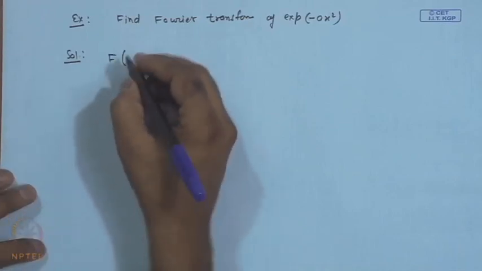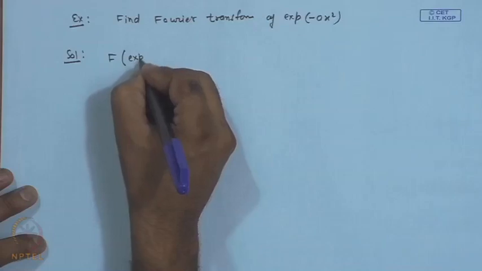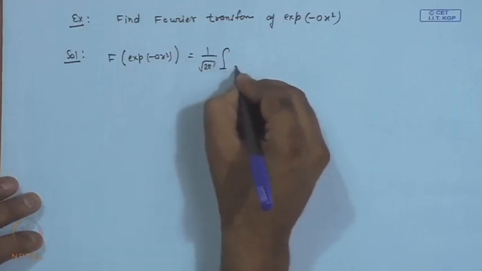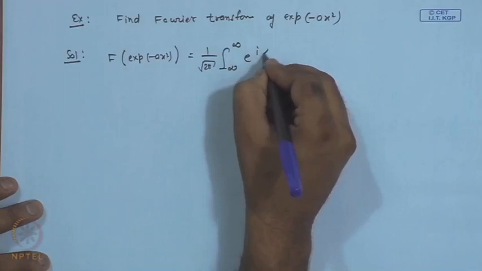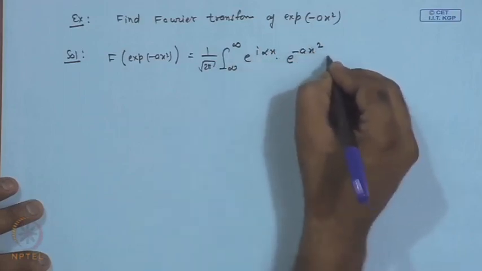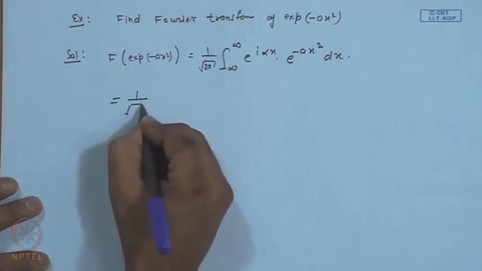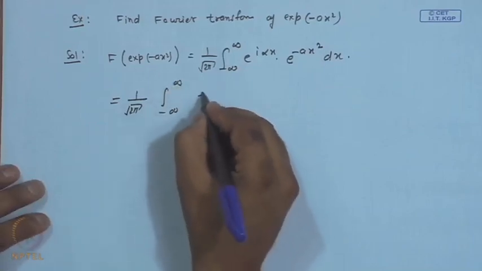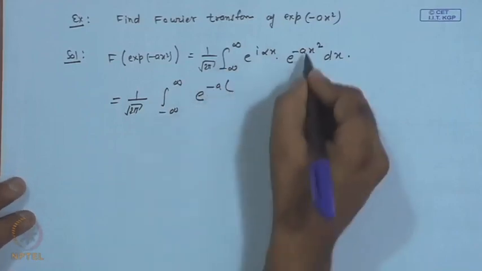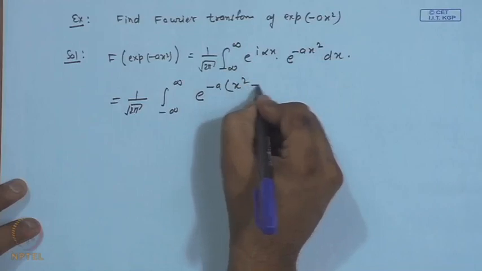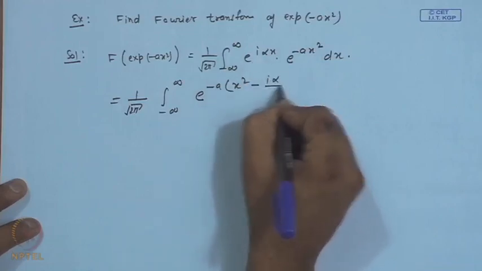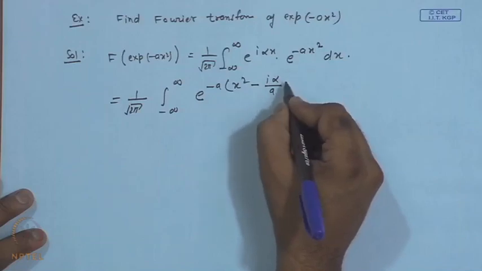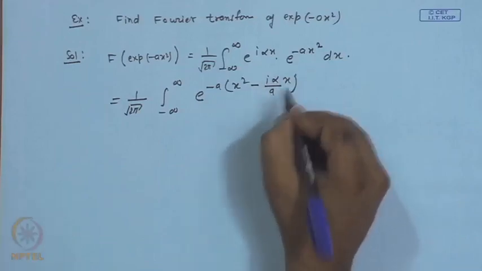So for this solution we have the Fourier transform of exponential of minus a x square, thus by the definition 1 over square root 2 pi, minus infinity to plus infinity, e^{iαx} and the function e^{-ax²} dx, which is 1 over square root 2 pi and we have minus infinity to plus infinity e power, we combine these two, minus a and we have then x square and minus, so here iα over a and this x, yes, and then dx.